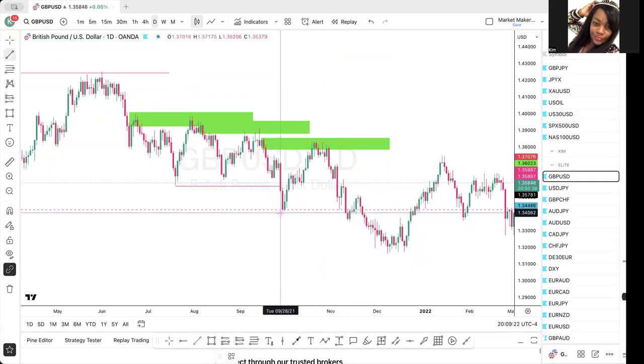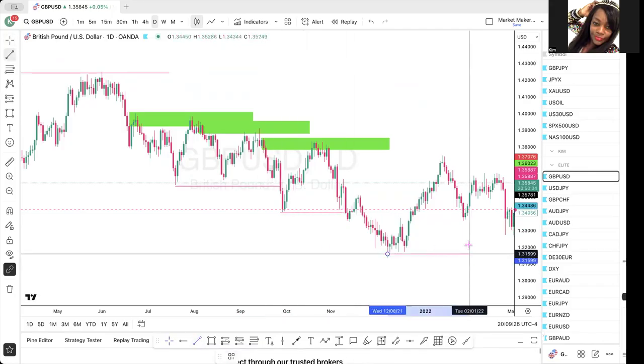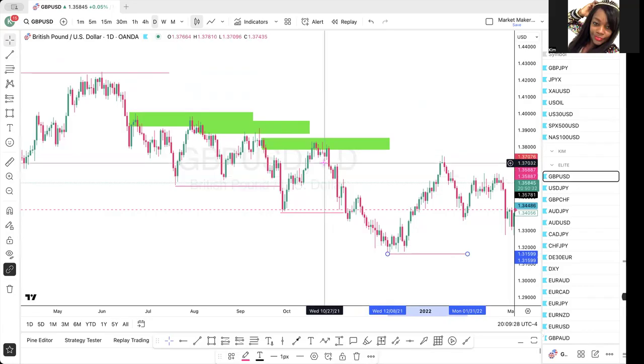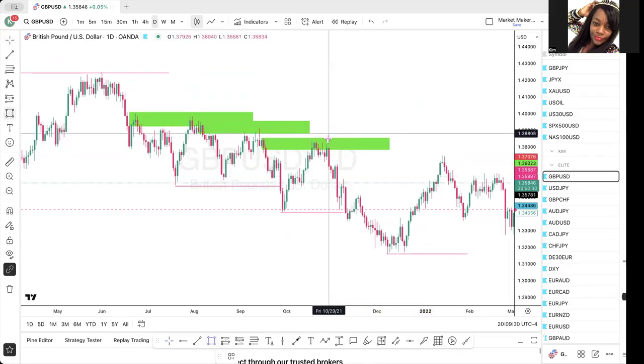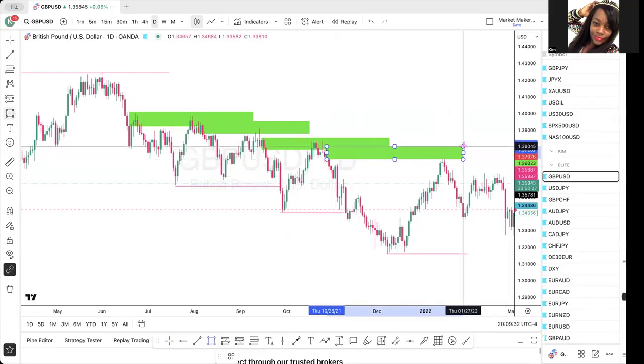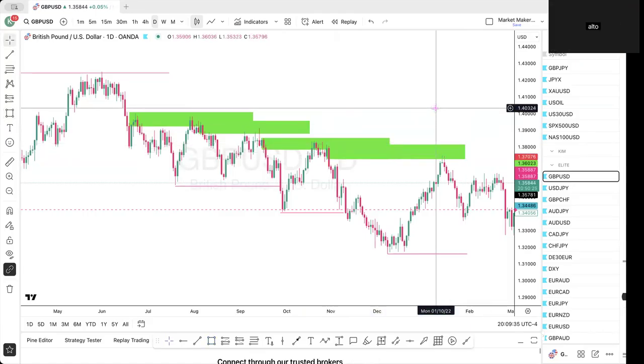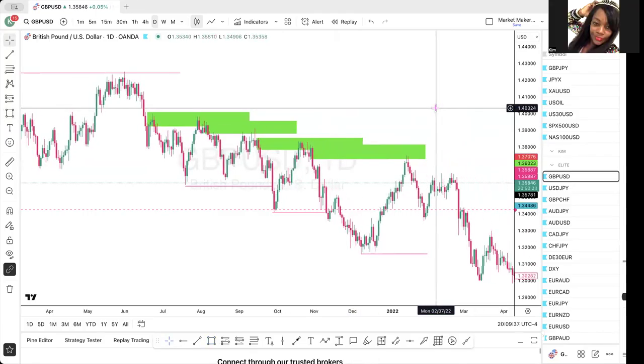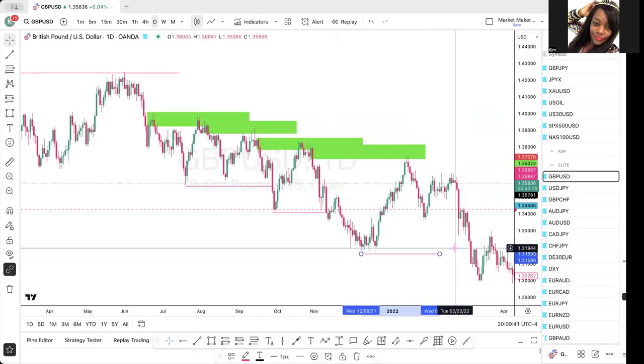Now you have this break of structure, and then these are your swing lows, right? Where's your supply zone? It's right there. Now you have this break of structure.